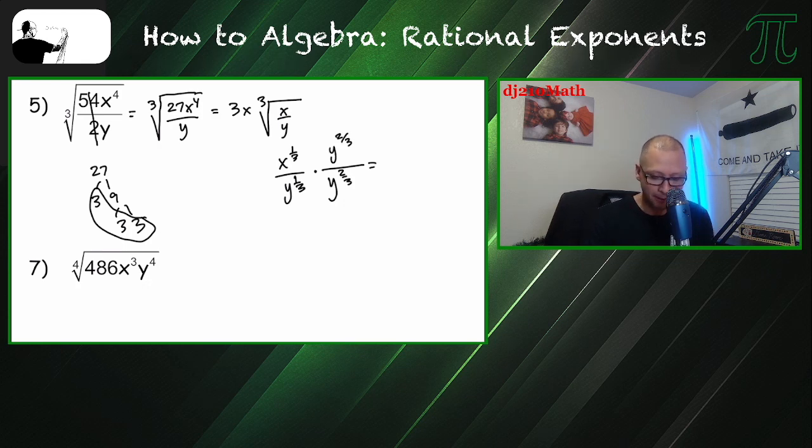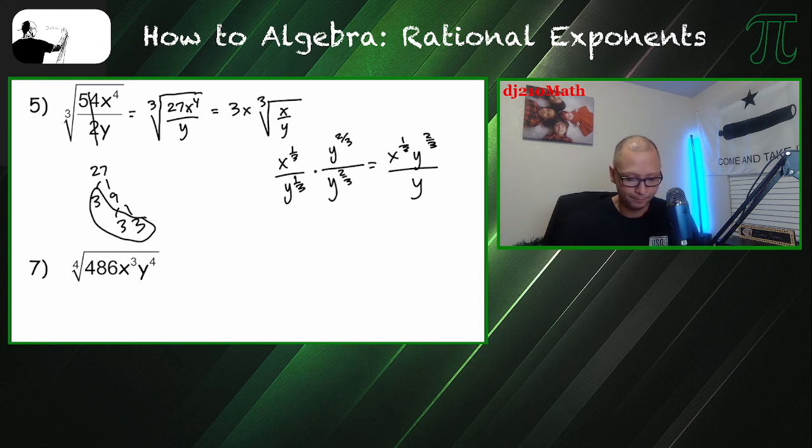So this is going to be x to the 1/3, y to the 2/3 over y. So I guess the final answer would be 3x, x to the 1/3, y to the 2/3 over y.